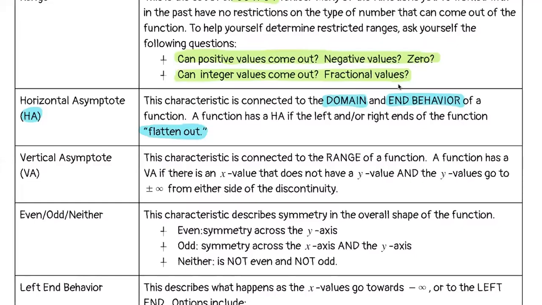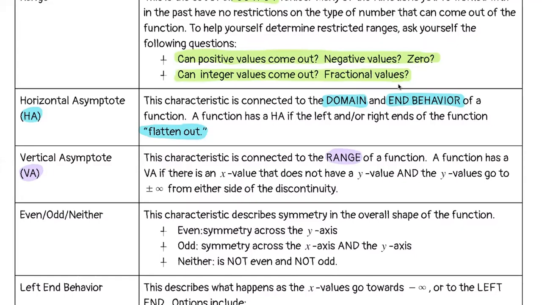Now we can take a look at the same thing for the vertical asymptote. So if the horizontal asymptote deals with the domain, the vertical asymptote actually impacts the range of the function, okay? So we know that there's a vertical asymptote if you look at the graph and there's an x value that does not have a y value, meaning there's no point there, okay?